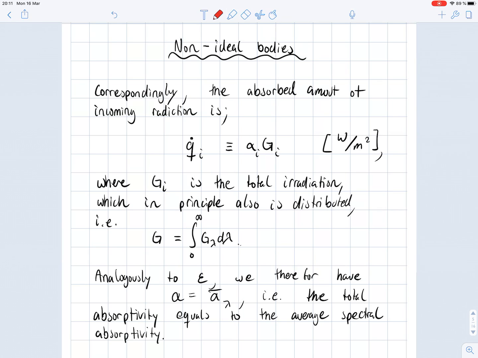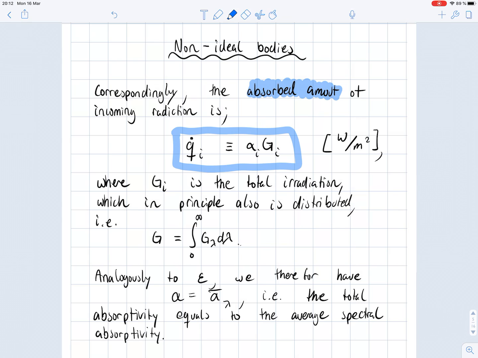In the same way, so this was the energy that was emitted, we will have to do a similar consideration for radiation which is absorbed. So if we look at the absorbed incoming radiation, we write this just as a flux here.